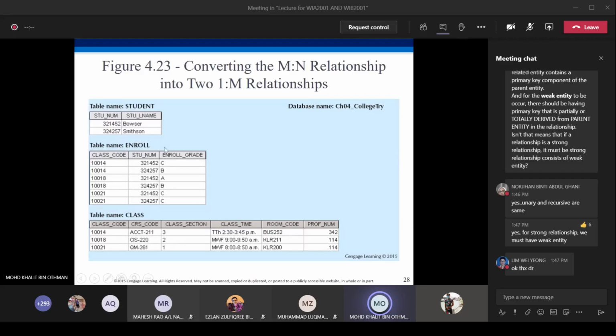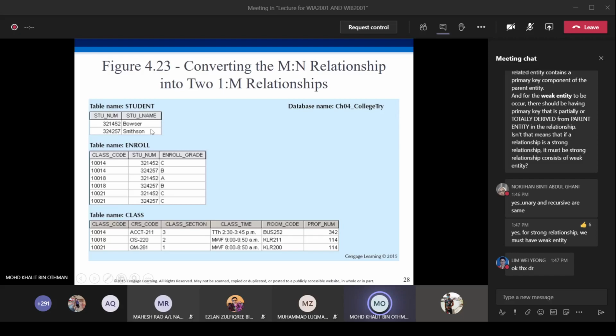So if you look here, the student with this student number occurs three times in the enroll table, but only one time in the student table.